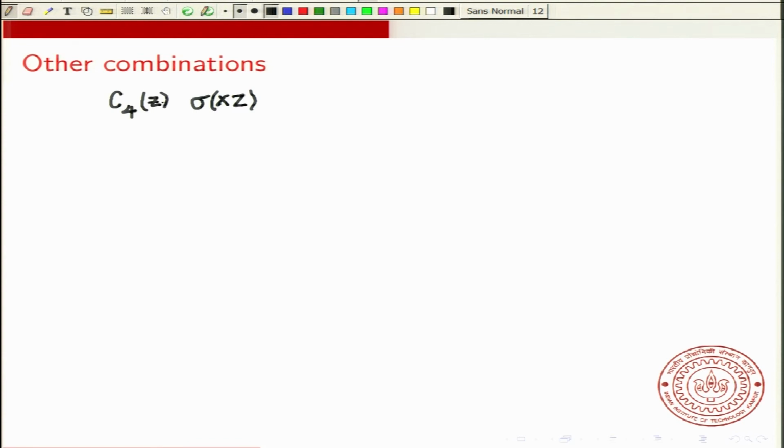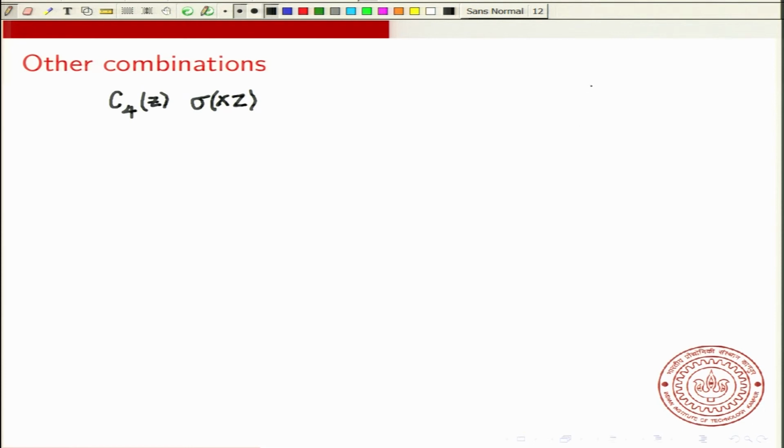So, first I am operating by sigma xz and then by C4. Now, let me show it pictorially. So, we are taking sigma about the xz. So, I will show it on the xy plane.